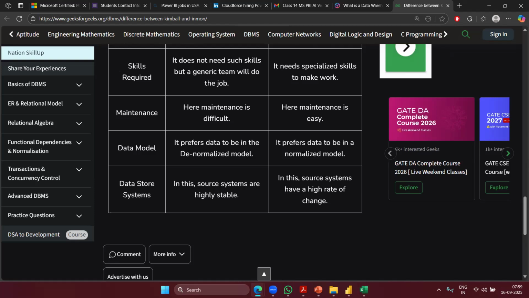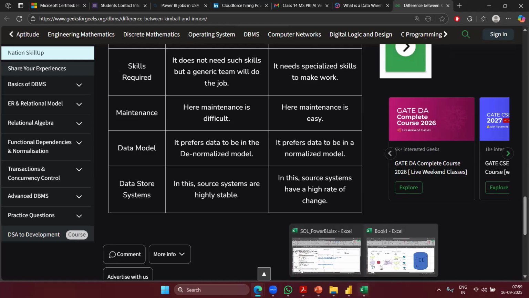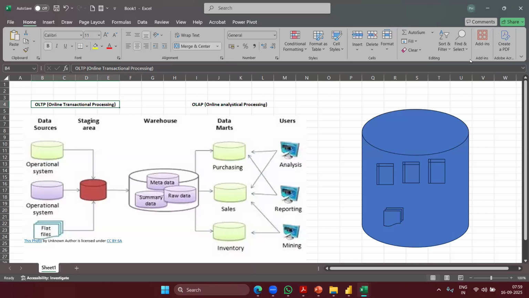Correct? Now, I'm just coming back to our previous diagram, right? Now, if you see in the operational systems, we have the data, right? There is one interesting thing in operational systems. Now, if you go to the mall, say Walmart, they will ask you, okay, can you provide your customer ID?